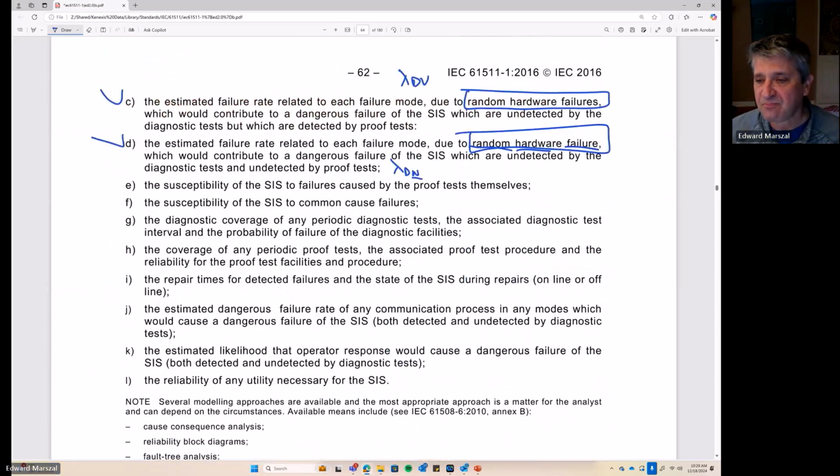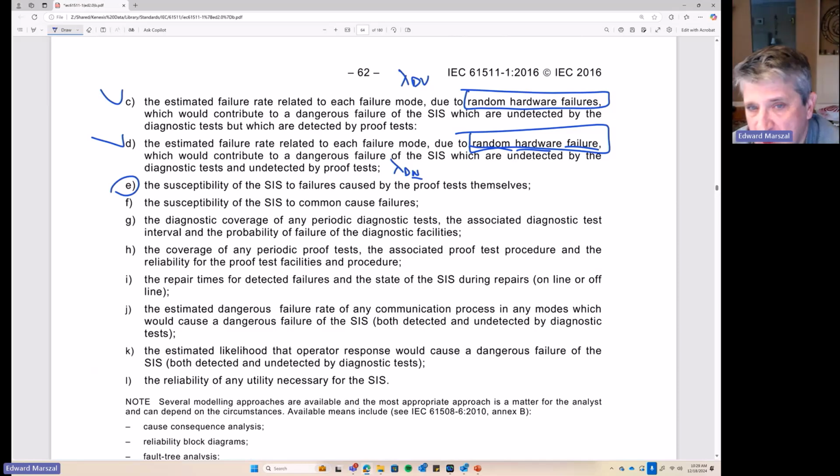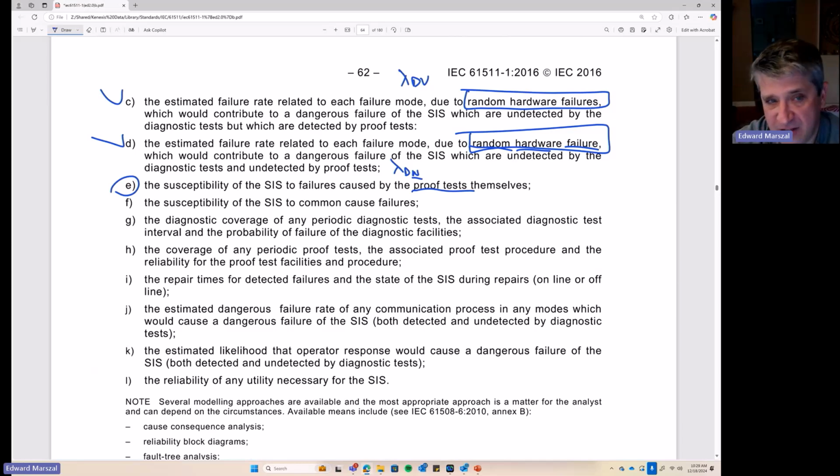Okay. Now, what else do you need to consider? I've got great news. This clause E said I need to consider the susceptibility of the SIS to failures that are caused by the proof tests themselves. So basically, if I need to put something in bypass in order to test the device, but then I forget to take it out of bypass, my proof test has caused a failure in my SIS.